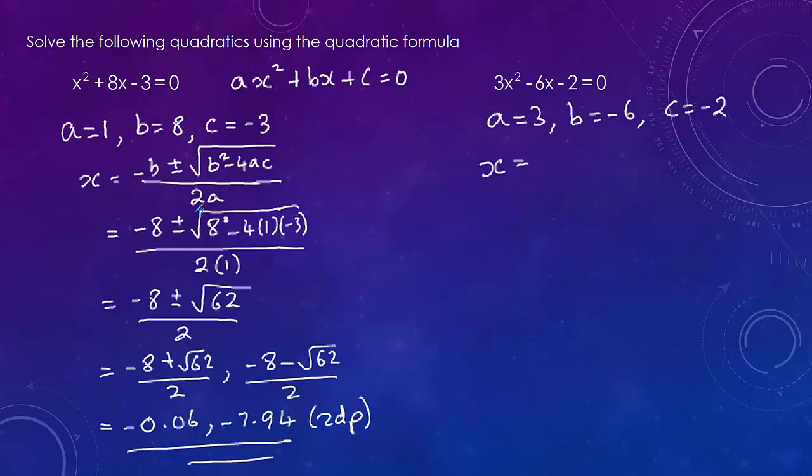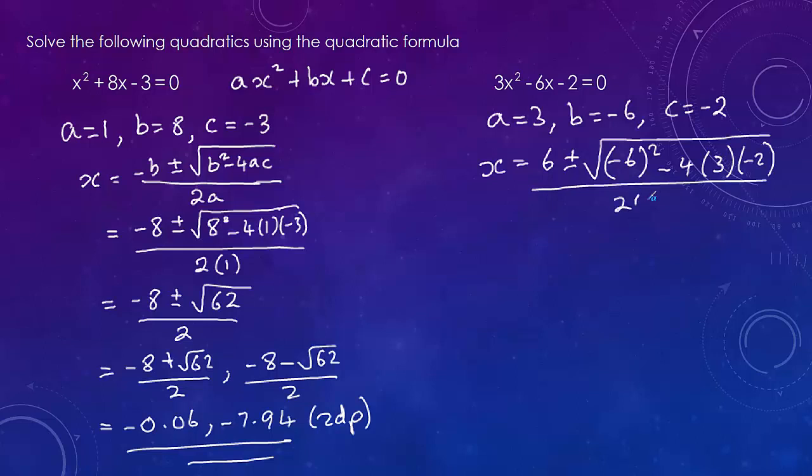This b is negative 6, so it's going to be positive 6 plus or minus the square root of negative 6 squared, and make sure you square all of the negative 6 like that. Take away 4 times a times c, all divided by 2 lots of a.